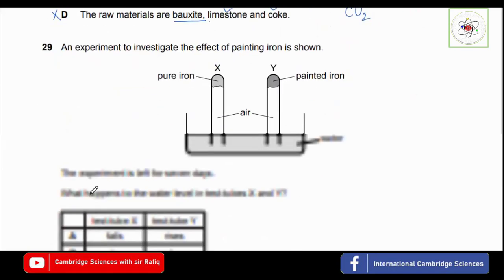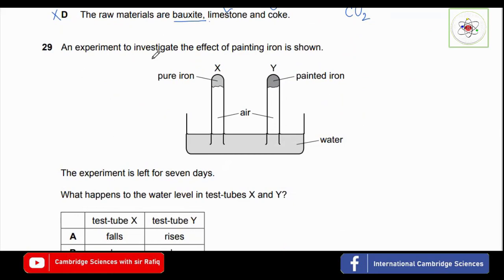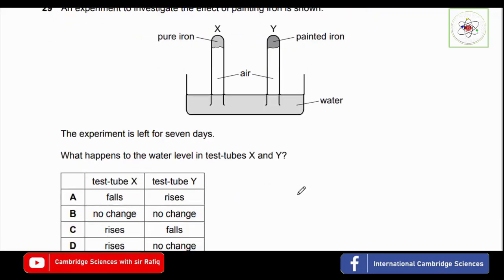An experiment to investigate the effect of painting iron is shown. Right, so here you have painted iron, and here you have pure iron. The experiment is left for 7 days. What happens to the water level in test tubes X and Y? The pure iron will rust, as it is not painted or protected from rusting.